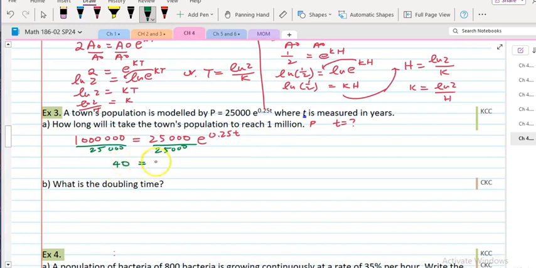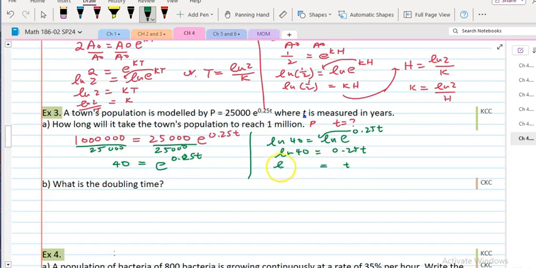So we say 40 equals e to the 0.25t. That's very easy to do. So we can take ln on both sides. ln 40 equals ln e to the 0.25t. Move the exponent to the front and ln e equals 1. So ln 40 equals 0.25t. So t is equal to ln 40 over 0.25.